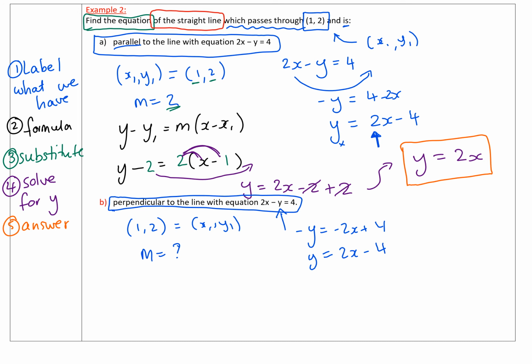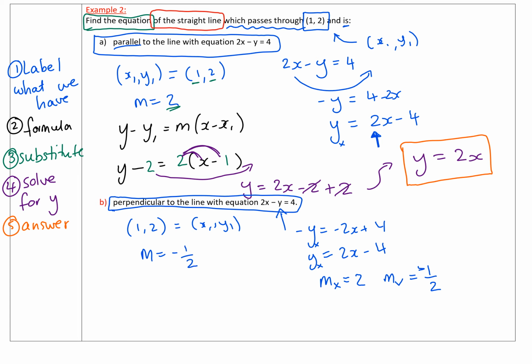So this gradient, so m cross, is 2. The m that I want, let's call it m tick, has to be perpendicular to 2. So we flip the fraction, so 2 becomes a half, and we negate, so it becomes negative a half. What I'm saying here is that the gradient I want is negative 1/2.